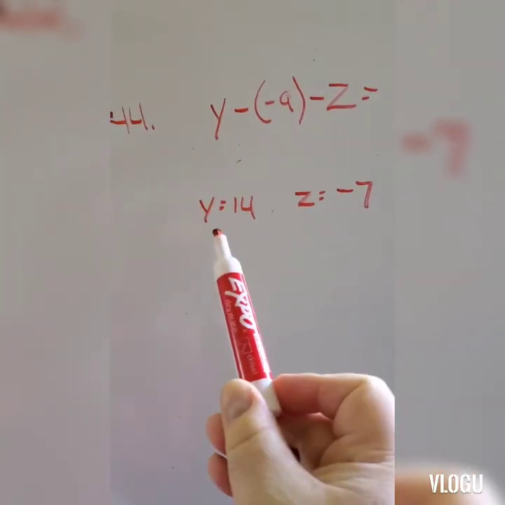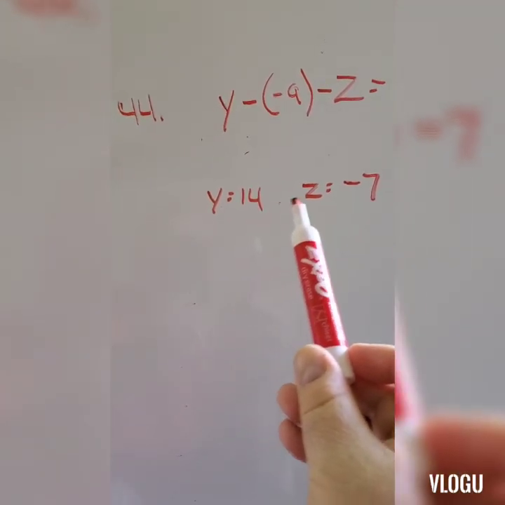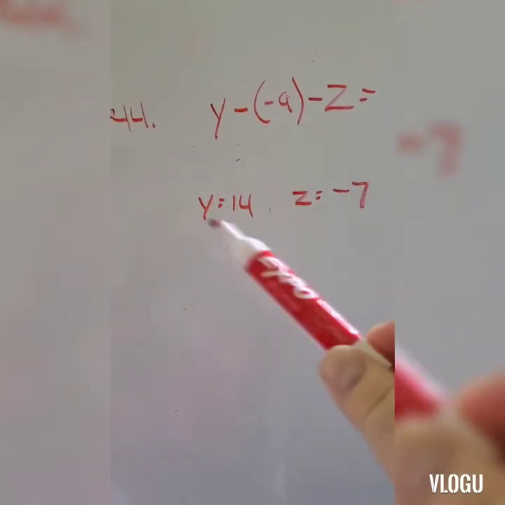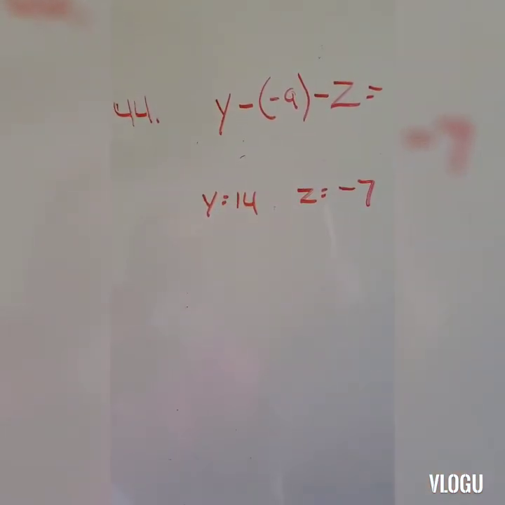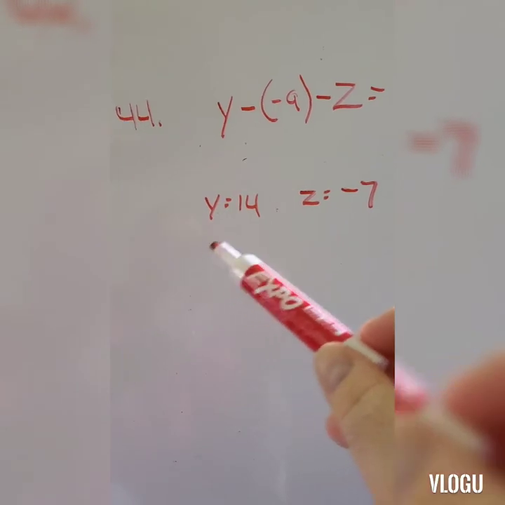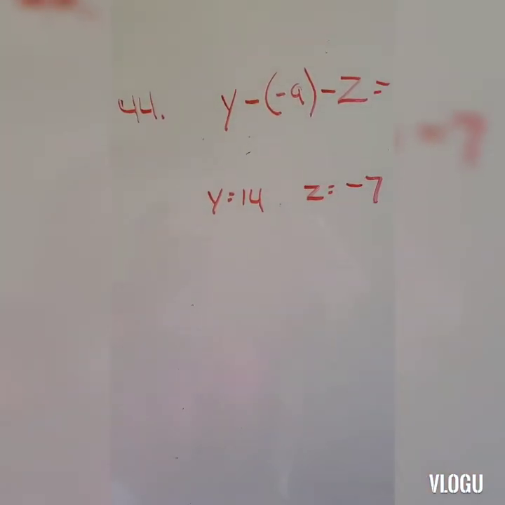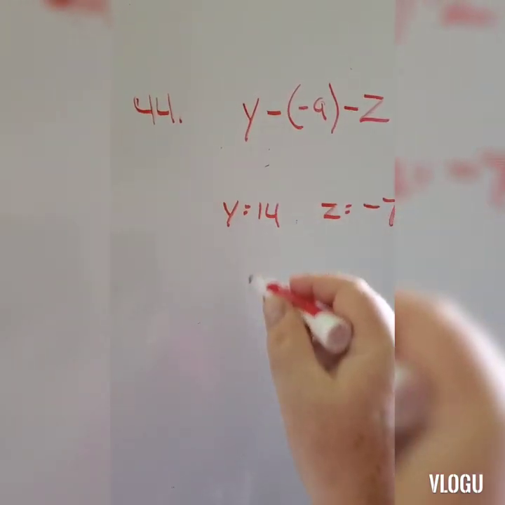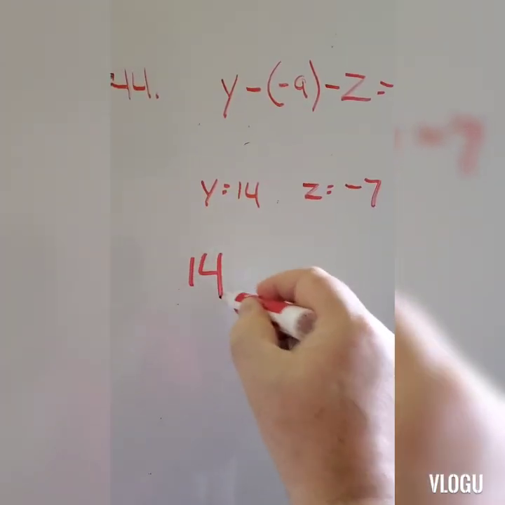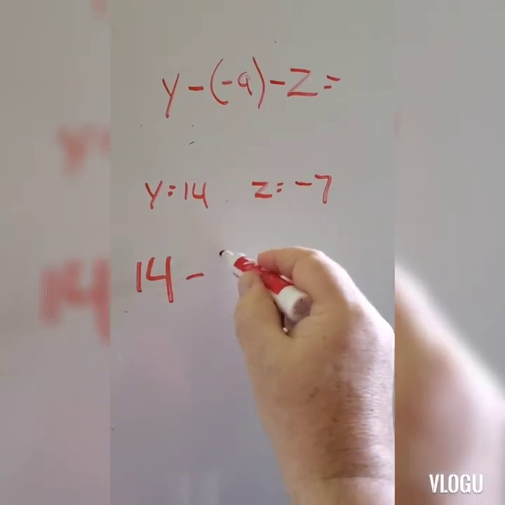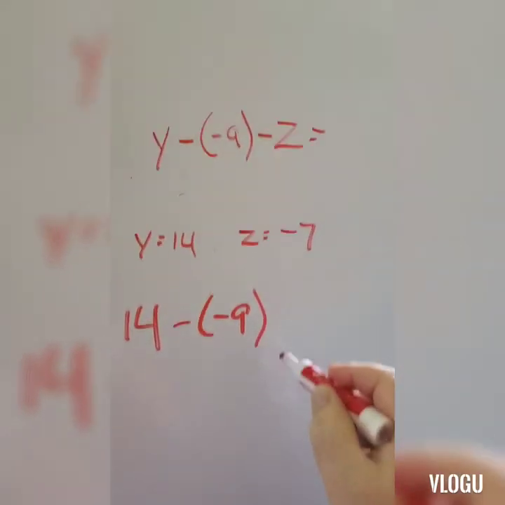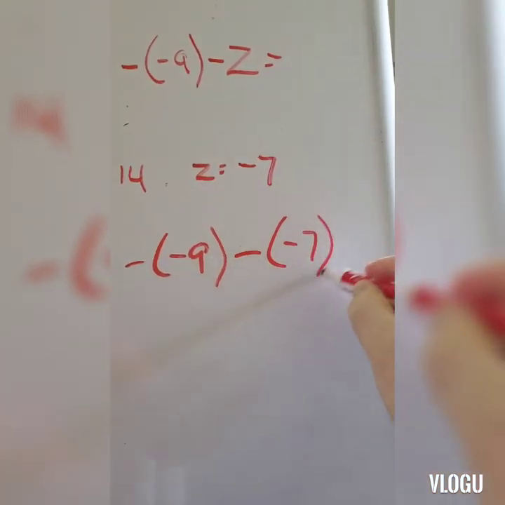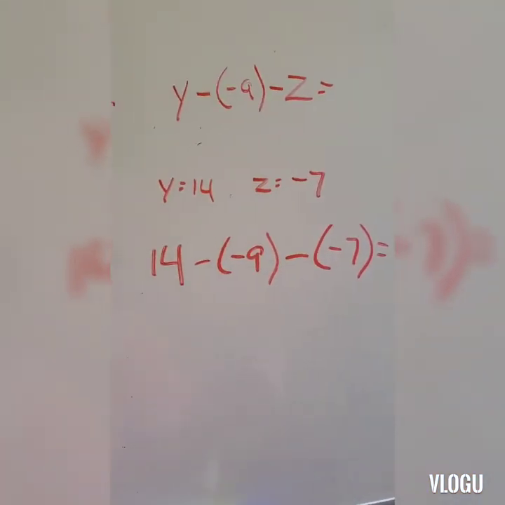We need to solve that when y is equal to 14 and z is equal to negative 7. This section tells us that x is equal to something, but x is not part of my problem, so I'm going to ignore that for right now. What this is really saying is y is 14 minus negative 9 minus negative 7. What does all of that equal?